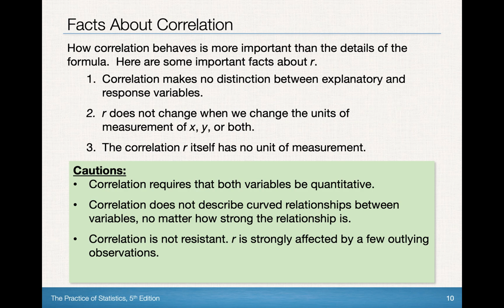Correlation is not resistant. What does that mean? Well, it means that it's strongly affected by a few outliers. So if you have an outlier or two in your data, you have to point it out because your correlation value will be strongly influenced by those outliers. And we will talk about influential points and outliers as we move along in chapter 3.